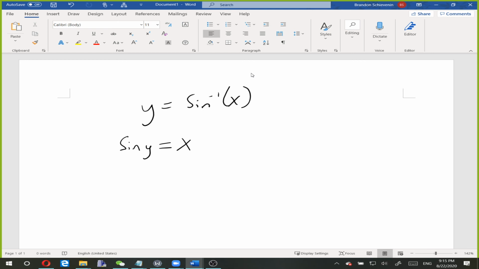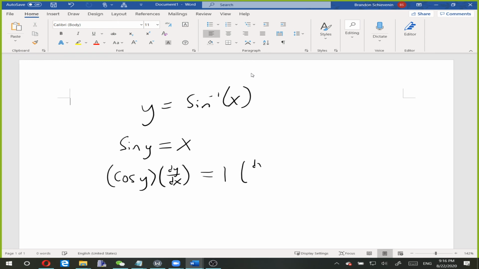What's the derivative of the sine of y? Okay, cosine of y and then chain rule. Okay, dy over dx is equal to the right side, which is 1.